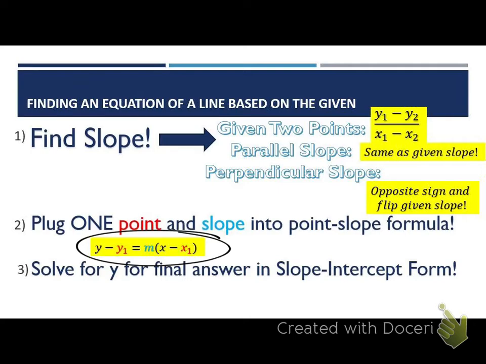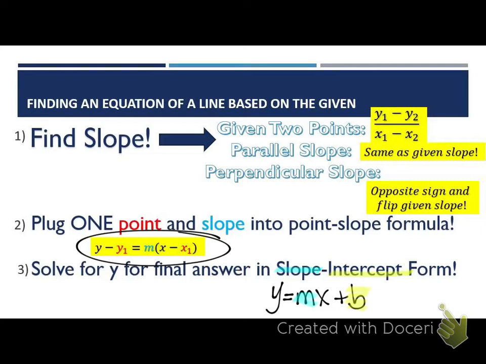And we call it that because we plug in a point, we plug in a slope. Slope-intercept. What is slope-intercept form? Y equals mx plus b. Which of these letters represents the slope? M. And then which of these letters represents the y-intercept? B. Which is why we call it slope-intercept form.